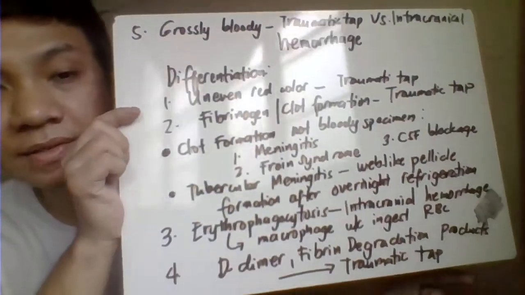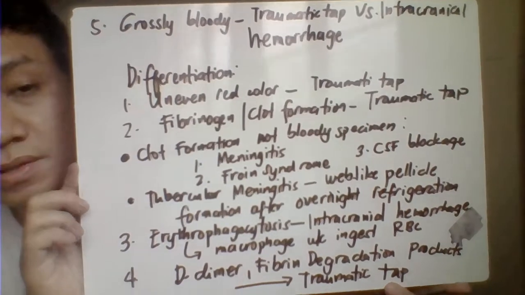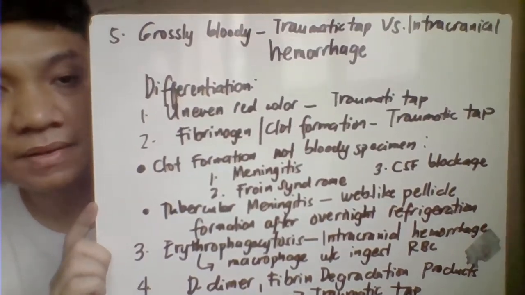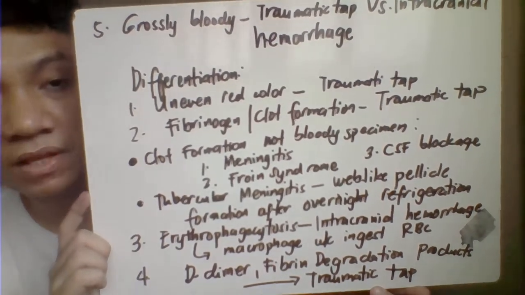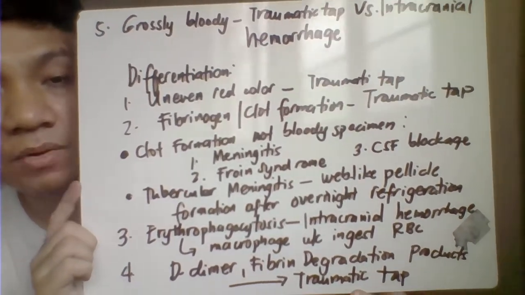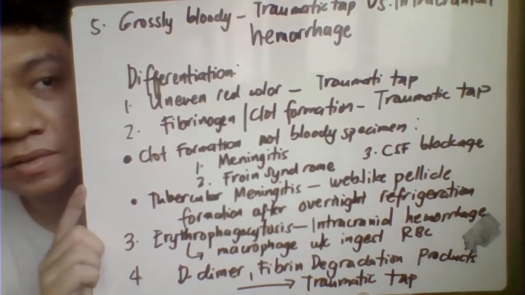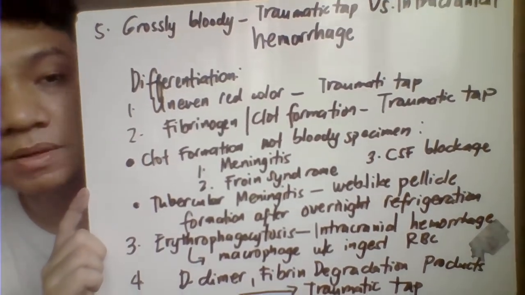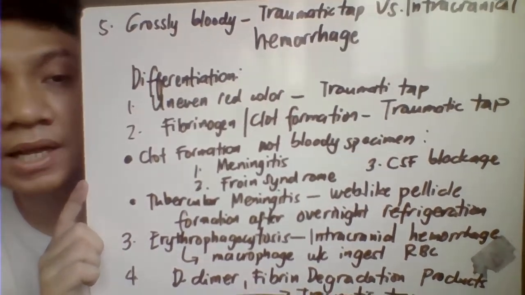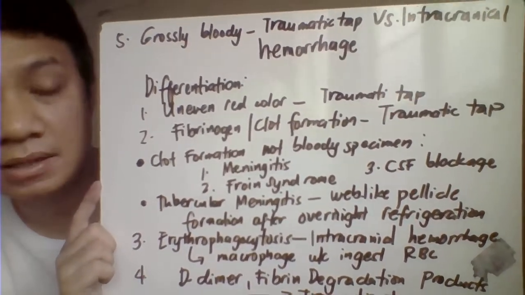And then another one: sometimes you could receive a specimen which is grossly bloody red. If you receive a specimen like that, you need to differentiate if it is caused by a traumatic tap or an intracranial hemorrhage. A traumatic tap is produced when the specimen is collected by lumbar tap; maybe the collection of blood was traumatic.